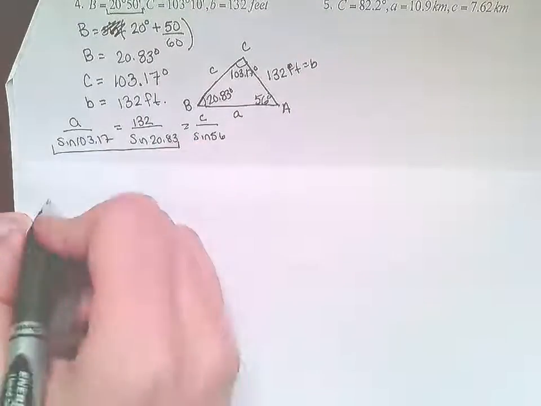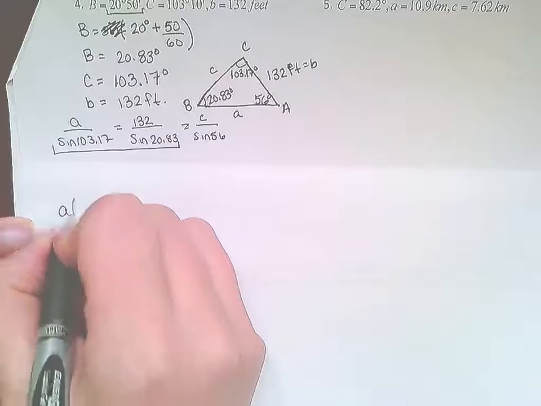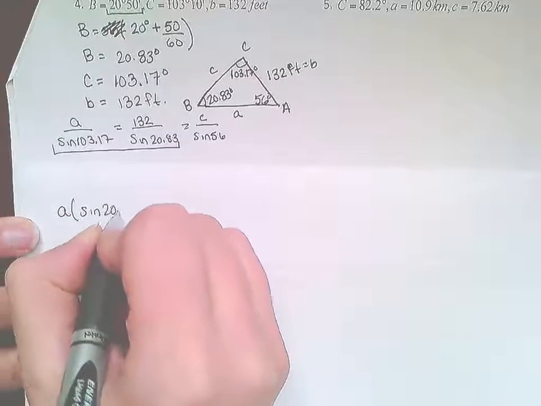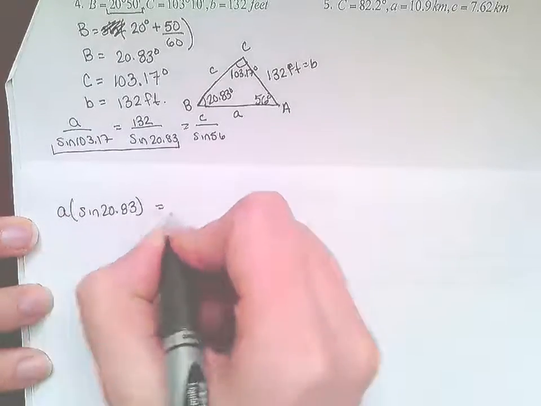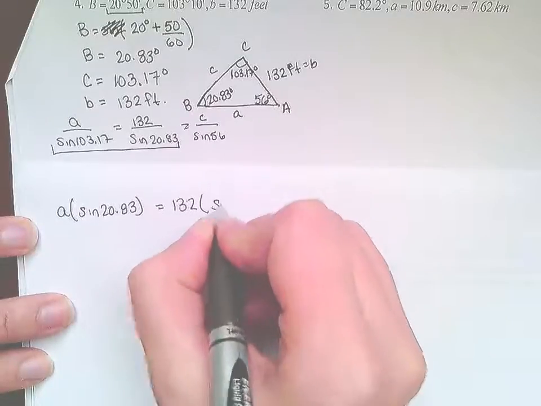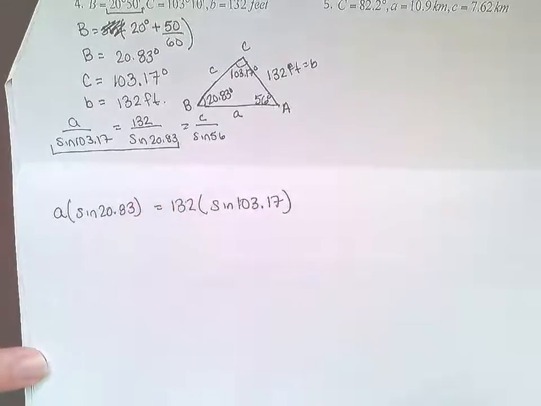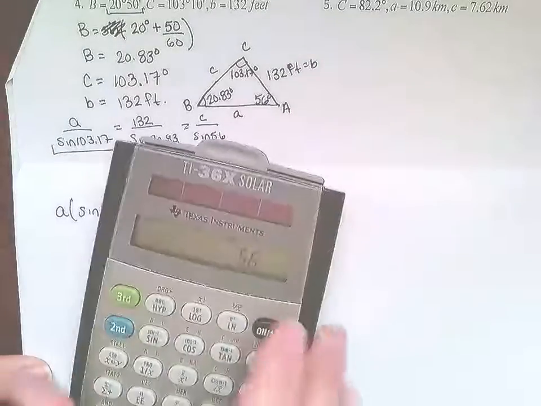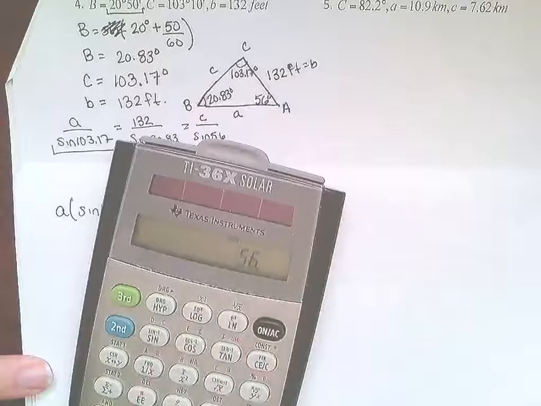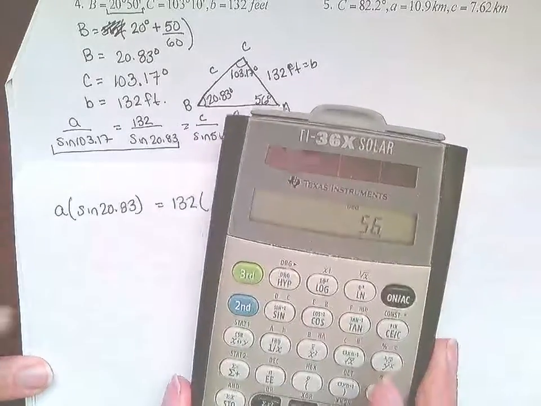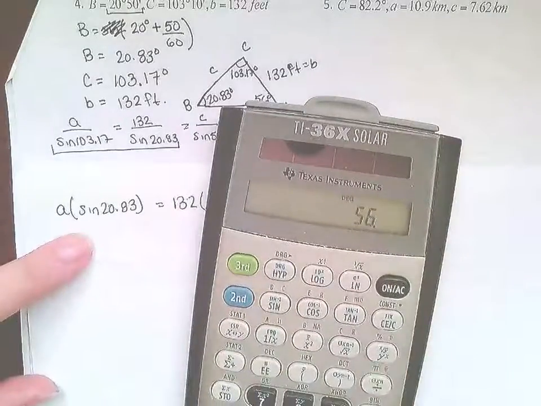When you cross multiply, it's going to be A times sine of 20.83 equals 132 times sine of 103.17. Now these are all in degrees, so you have to make sure that your calculator is in degree mode. The calculator I'm using is a little different in the way I press things.